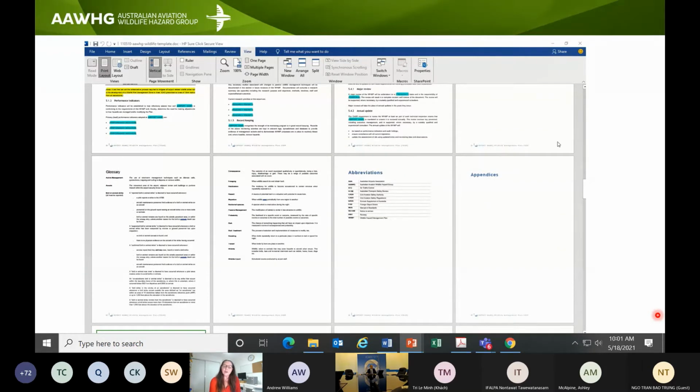It really provides airports with a good foundation to develop their wildlife hazard management plan, because, depending on the size of the operation, the plan will look different in the end. But the idea with this template is that it sets people in the right direction.